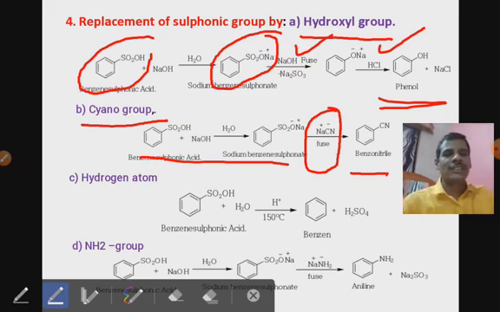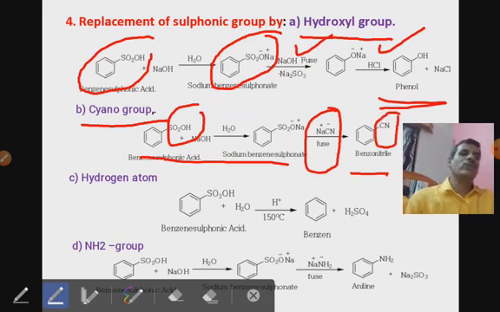In these reactions also, the sulfonyl group is replaced by the cyano group, but not directly. It is replaced through the first step, salt formation, and the second step, fusion with sodium cyanide, and finally there is a formation of benzonitrile.